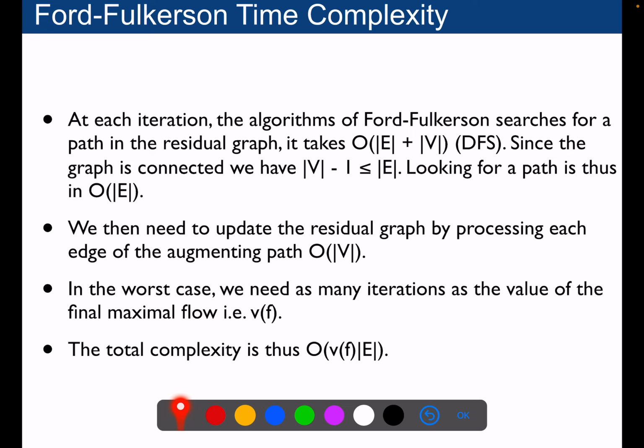And so, since the graph is connected, we know that the number of nodes is less than the number of edges. And so looking for a path, we can say that it's in the order of the number of edges. Then we need to update the residual graph by processing every edge of the augmenting path. That's order of V, order of the number of nodes.